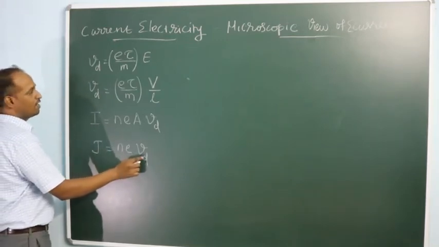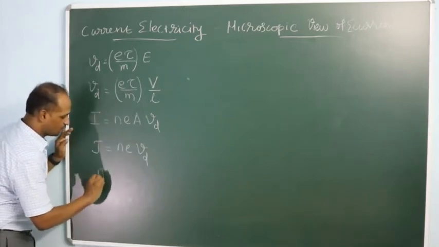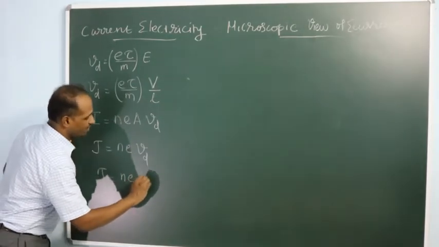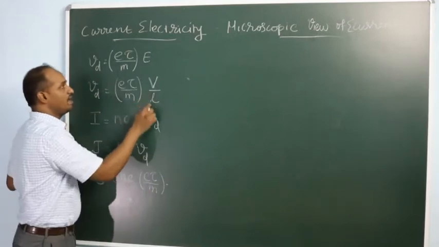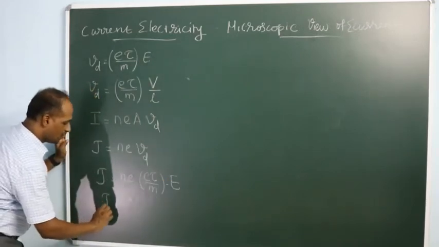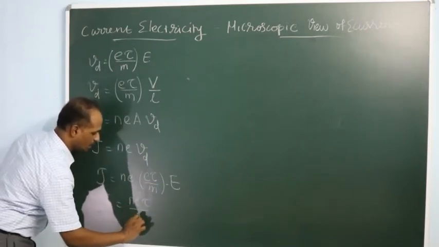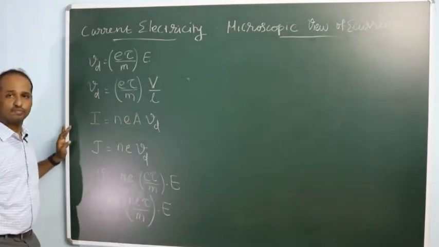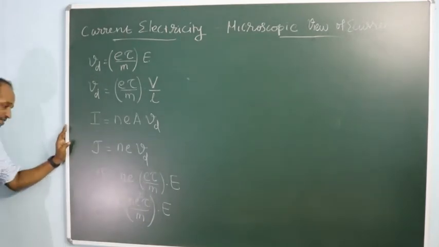If you substitute the value of v_d over here, what you will get is J is equal to N e v_d, where eτ/m into V by L can be written as E. Now J is equal to N e² τ/m into E. This is called sigma, or conductivity.